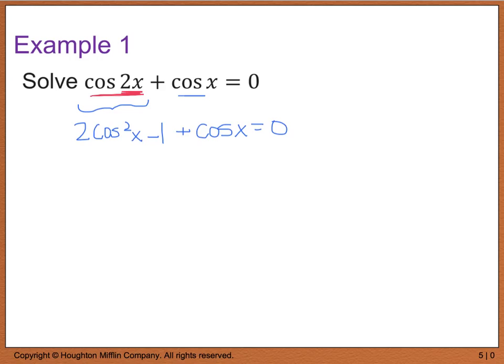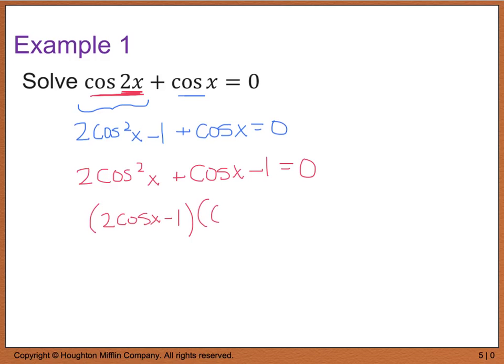And I really have a quadratic equation, so if I write this in standard form, I then have 2 cosine squared x plus cosine x minus 1 equals 0. And if I factor this, I have 2 cosine x minus 1 times cosine x plus 1 equals 0.